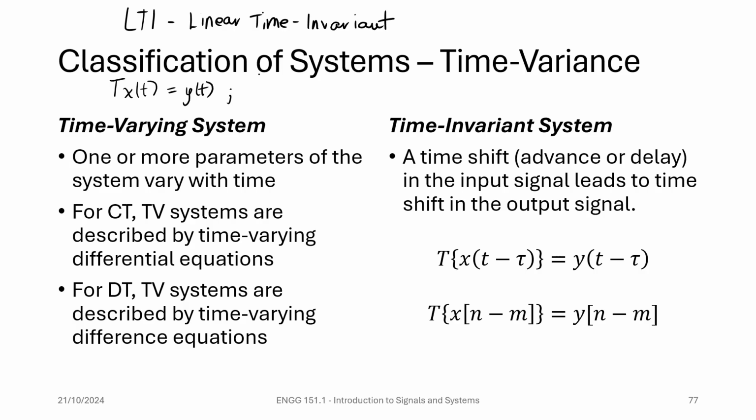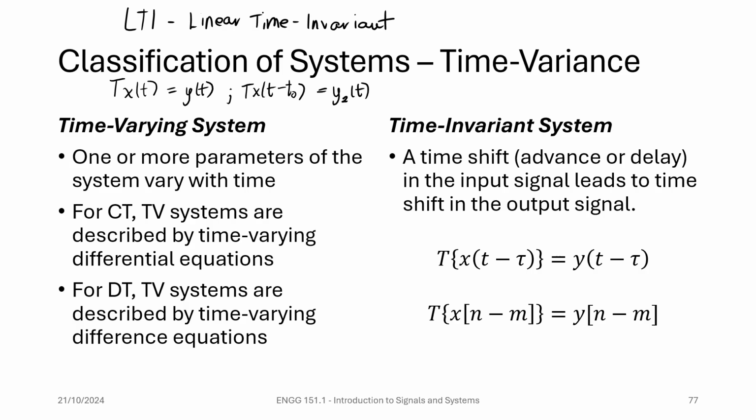Now, if we're going to time shift, let's say t naught, mag-iiba yung, alin? Yung output. Hindi siya magta-time shift but rather magkakaroon ng change in the output. Kaya magiging time varying system yung ating system, or it is a TV system.